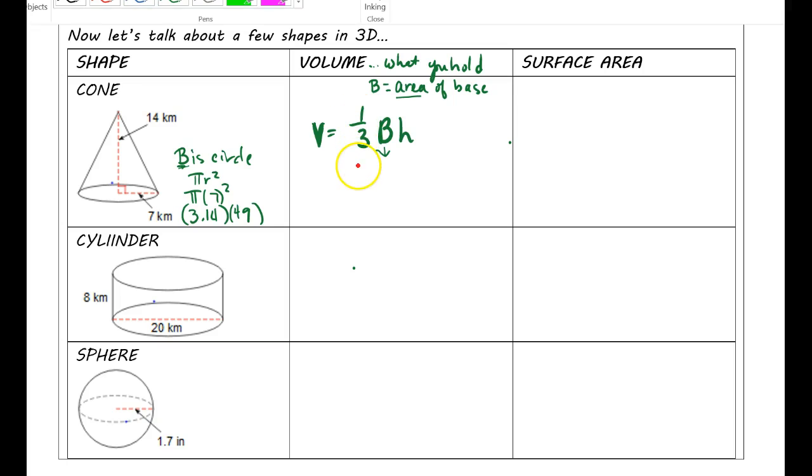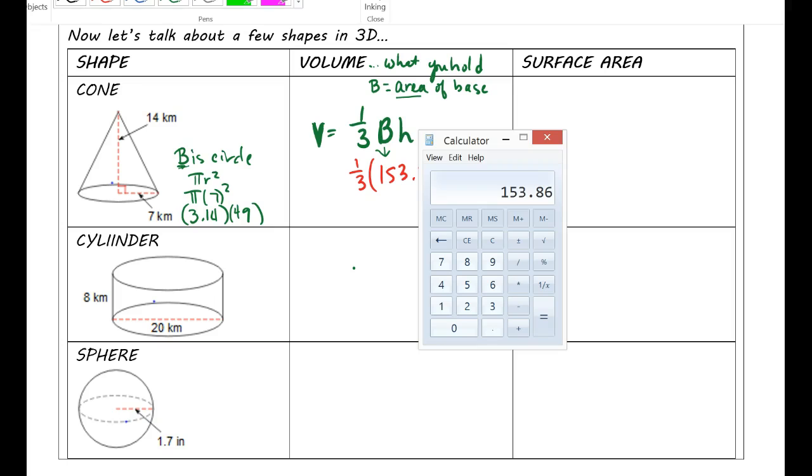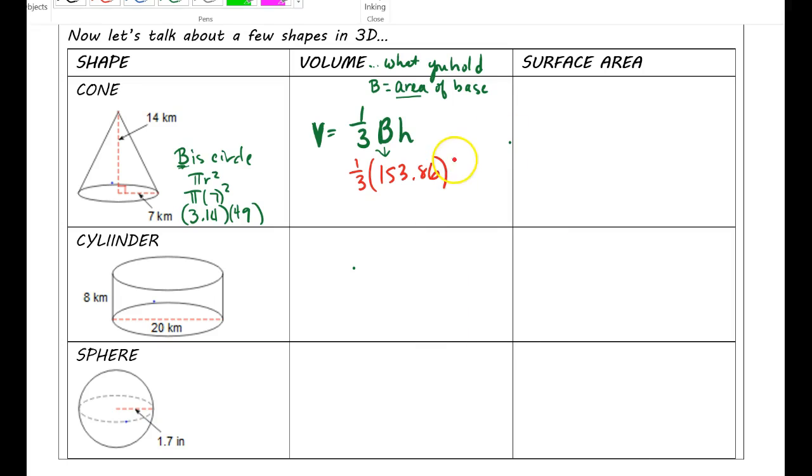So the 1/3 I can recopy times 153.86. Was that what it was? Yes, okay, good. And then times the h. Now, what is the h in this problem? Well, h just means height, right? That makes sense, h for height. And the height is just how tall the ice cream cone is, and that would be 14.